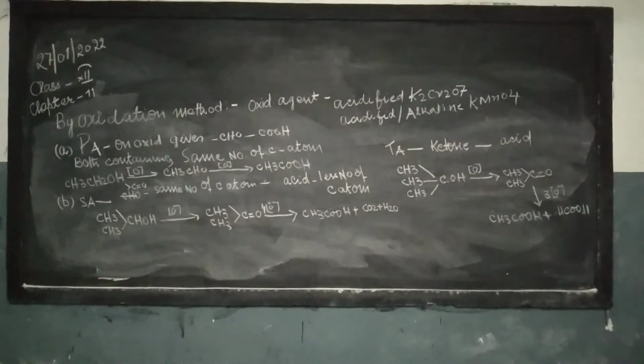Next method is the Victor-Meyer method. The steps are: the alcohol is first converted to alkyl iodide by reaction with red phosphorus and iodine. Alkyl iodide is converted into nitroalkane with silver nitrite.